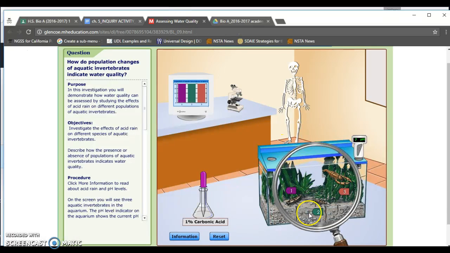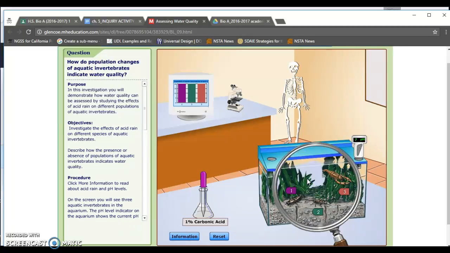So we have 3 here, but if you reset it, you could study the other 3. You could see what effect carbonic acid has on the pH of the water, and how the carbonic acid and the pH not just affect the water quality, but the survival of the species, or any species going extinct.